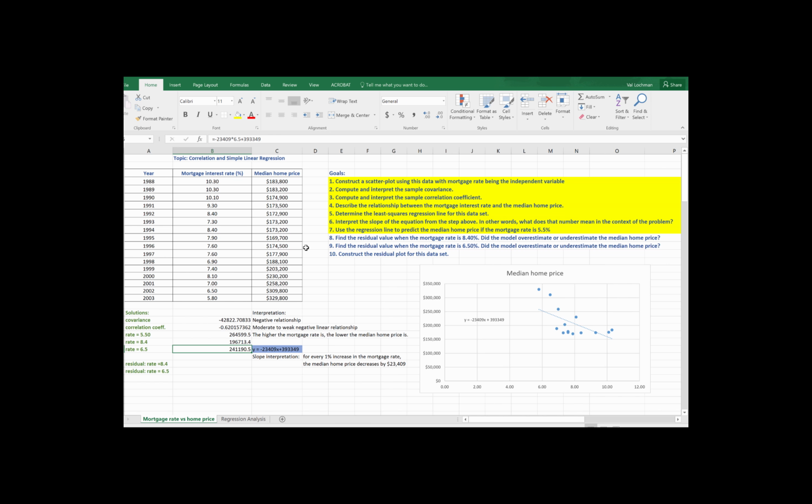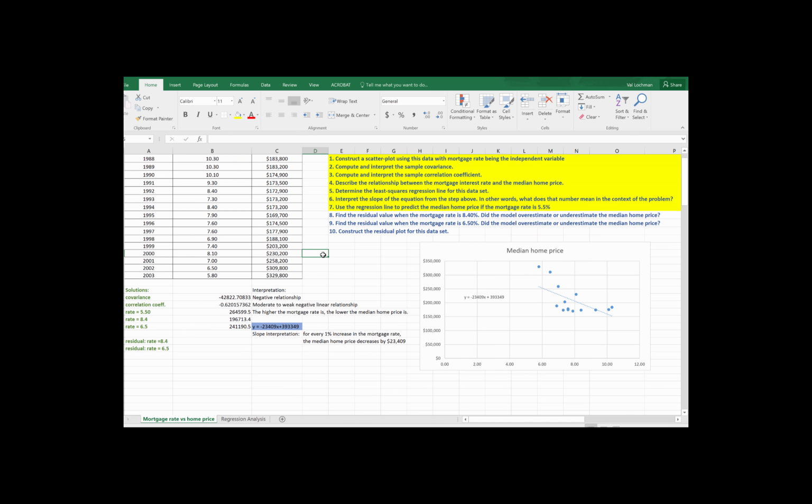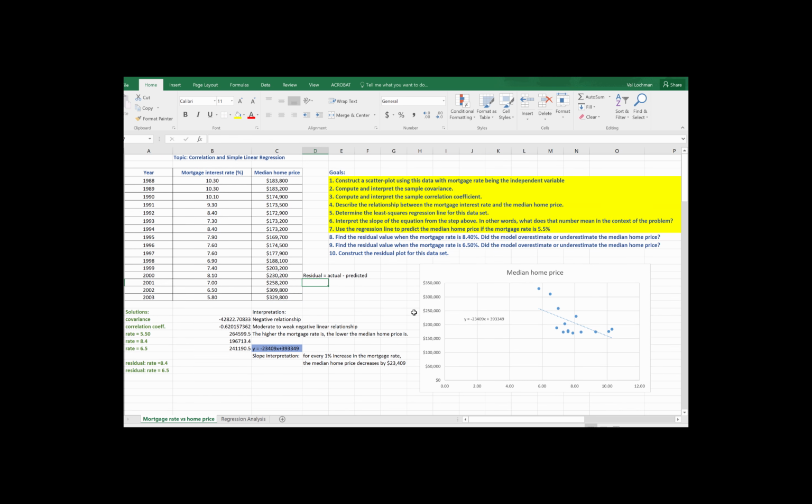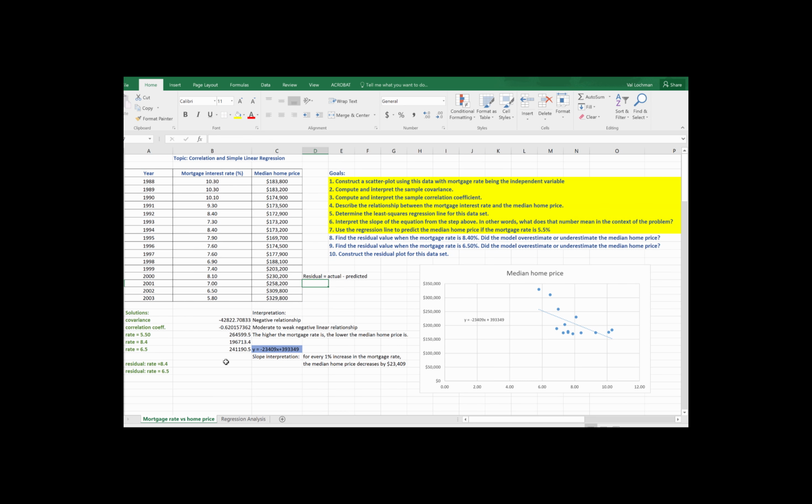Okay, so we're not done with these parts just yet, because it's also asking us to find the residual, right? So what is the residual? Just to remind you, residual is actual value from the table minus the predicted, in this order. Okay, the order matters. So residual is actual minus predicted.